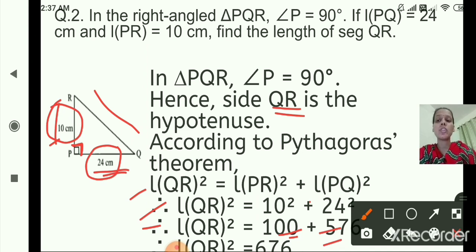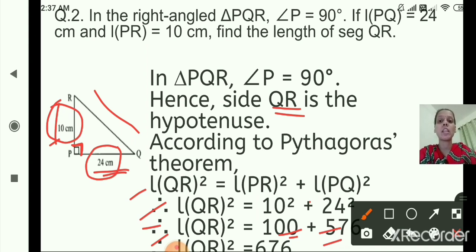Then do the addition. Length of QR square is equal to 100 plus 576, that is 676. Now length of QR square is equal to 676.